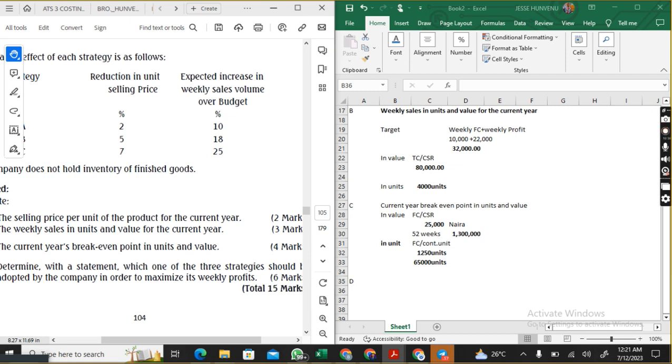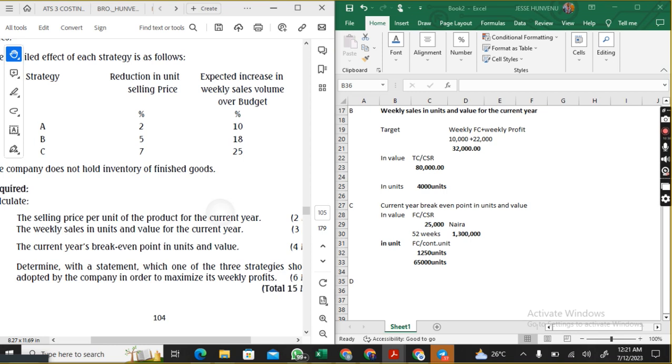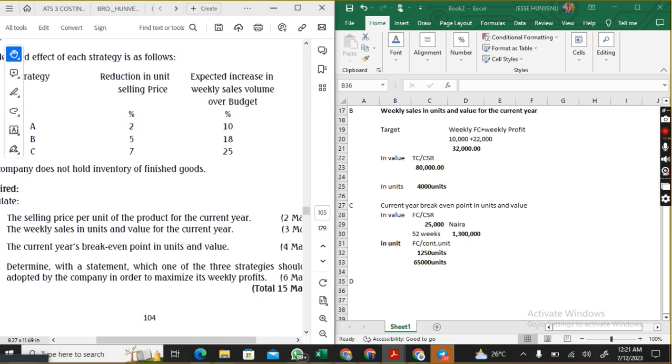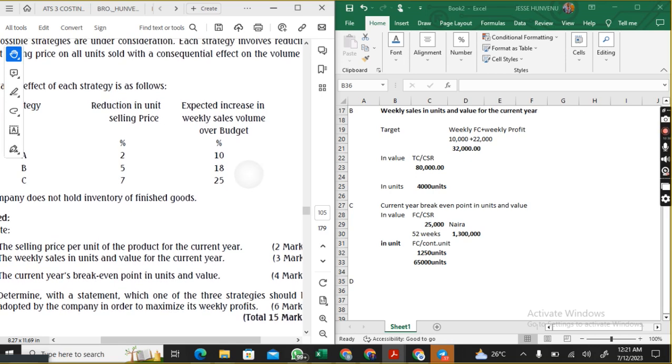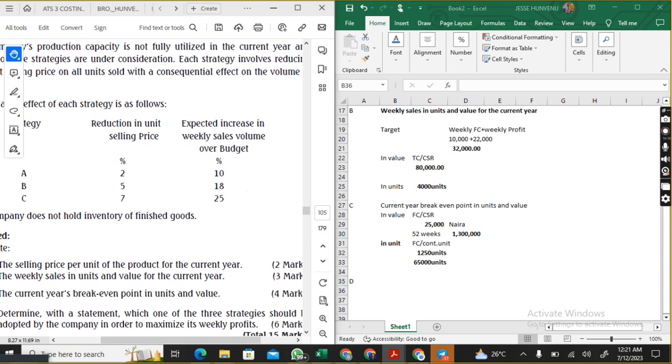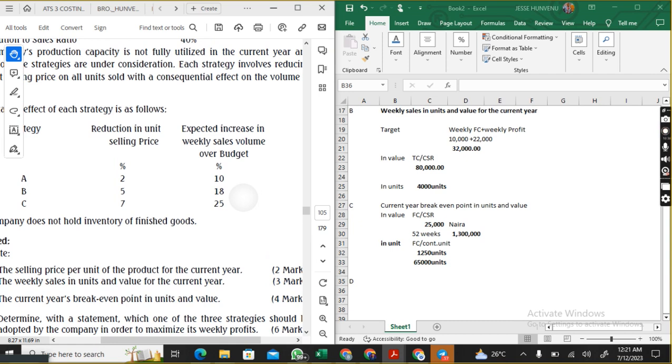With all this, they have given us the reduction, and also they have given us the increment in sales volume. Now let's go.